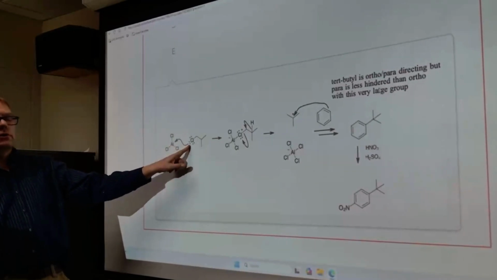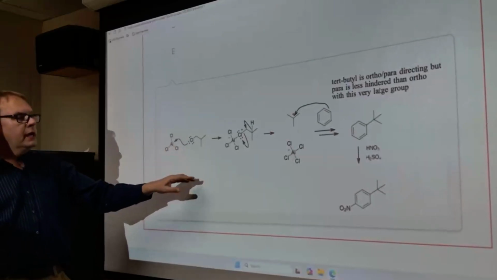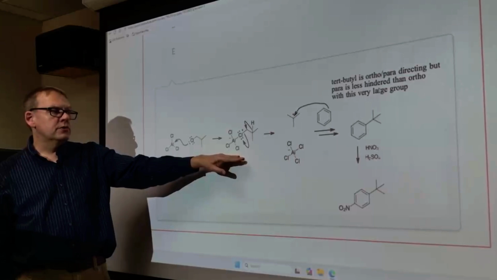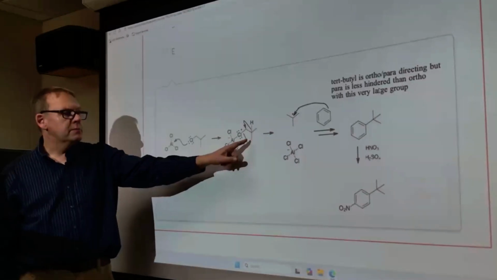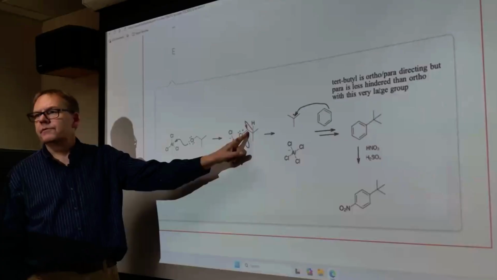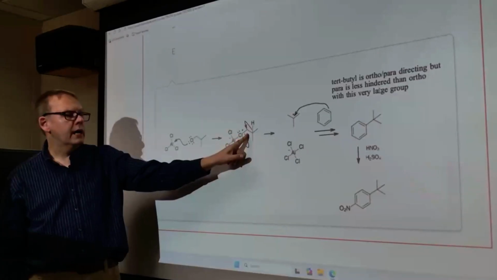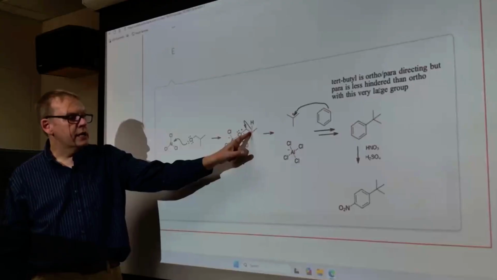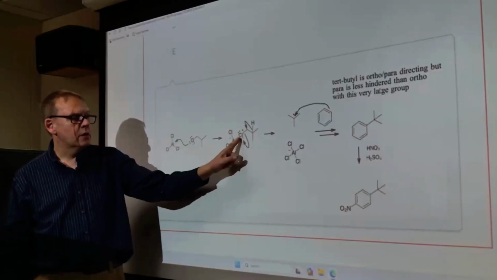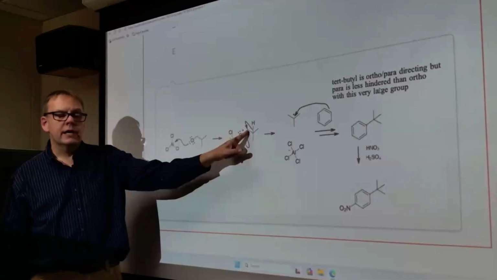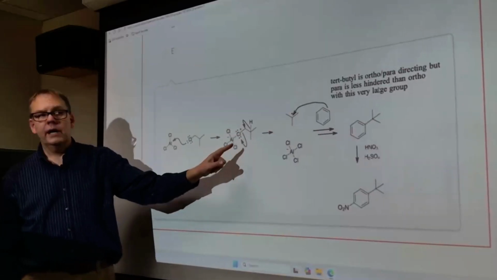A pair of electrons on the chlorine goes and makes a bond to aluminum, and you get this activated species, which then undergoes a carbocation rearrangement because the chlorine here makes that carbon partially positive, and it's almost like a primary carbocation. So this is one that likes to rearrange where the hydrogen in the position next to the carbon that bears the leaving group, a hydrogen likes to move over with a pair of electrons and the leaving group leaves. That's called a 1,2 hydride shift.